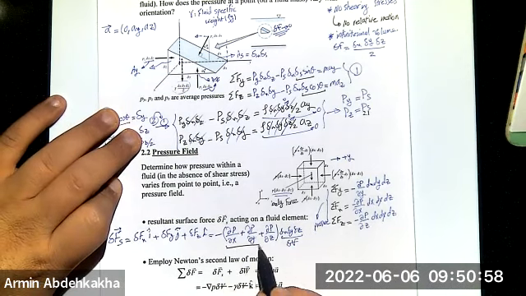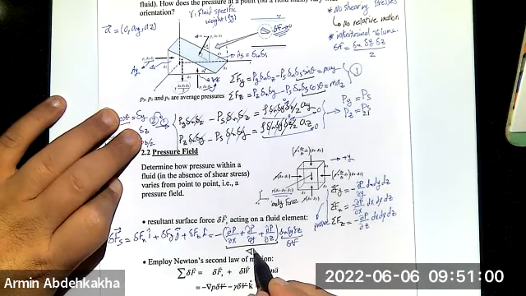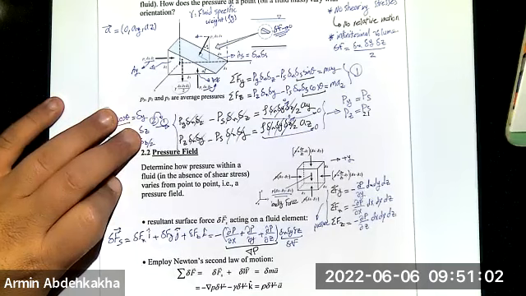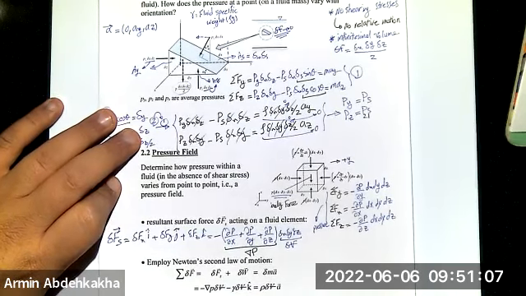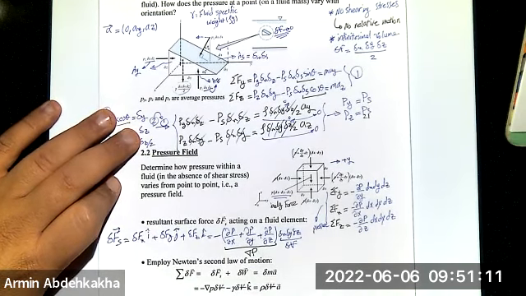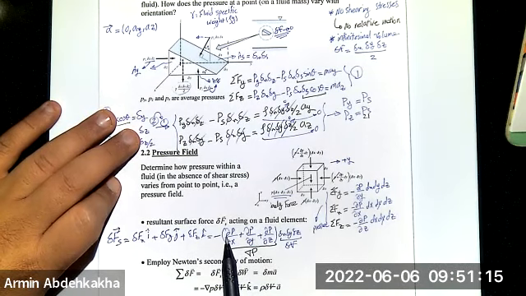And I can replace this with the gradient of the P. Gradient is from mathematics; absolutely, you have to review it again if you don't remember. But the gradient of a scalar parameter is the derivative of that scalar versus x plus the derivative versus y plus the derivative versus z. That's the gradient. Okay.